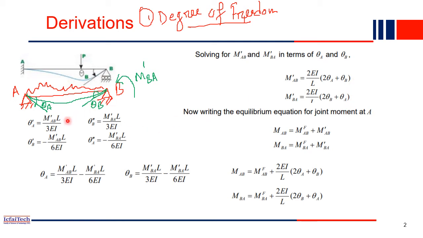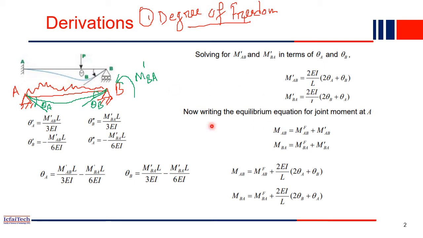Now, what is the net moment at A and B? As I already mentioned, we have restrained both the ends. A and B are both restrained, right? Means fixed. So there will be fixed end moments also.